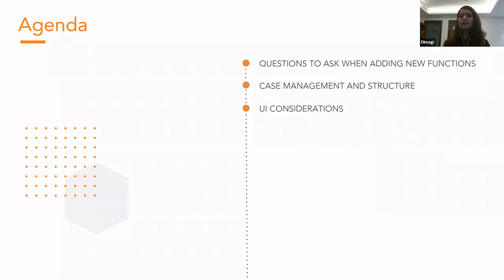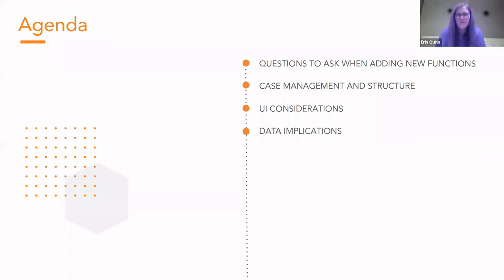What are some design considerations you need to keep in mind? What are some changes you'll make on HQ? And how will that lead to a good experience for your mobile users? And finally, what are some implications on the data side? Will any change that you make have an impact on the exports that you're creating, be it form exports or case exports?